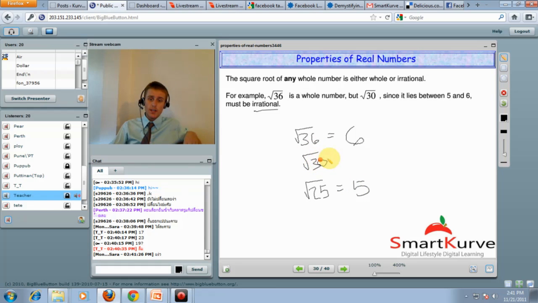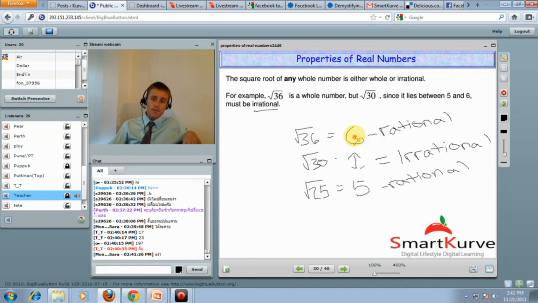But root of 30 is in between and thus is irrational. Whole numbers are rational numbers. So we can say that if the root of the number cannot become a whole number, it is an irrational number.